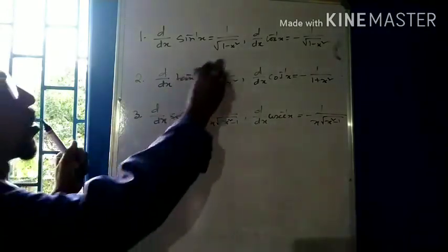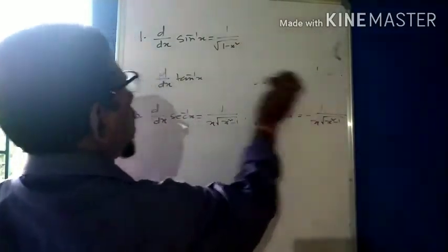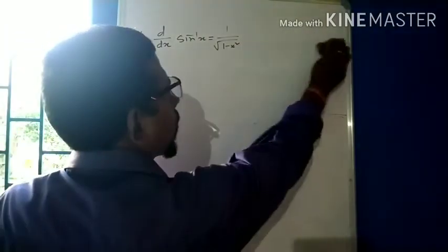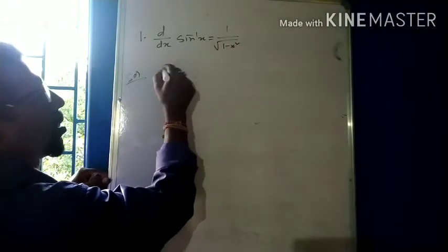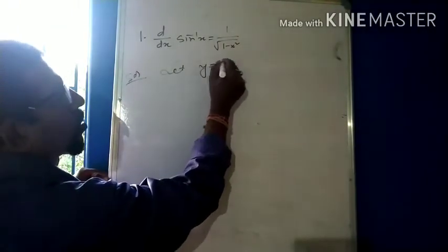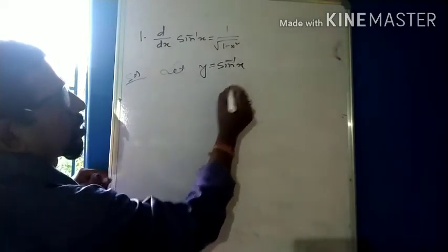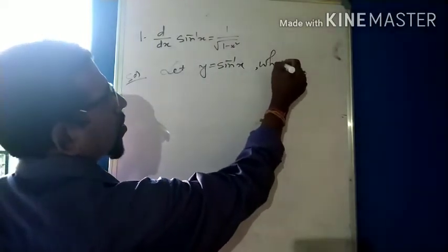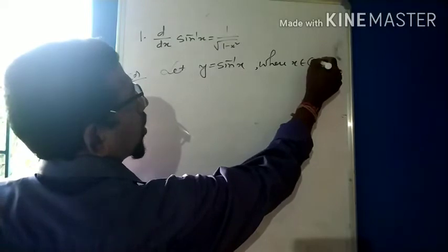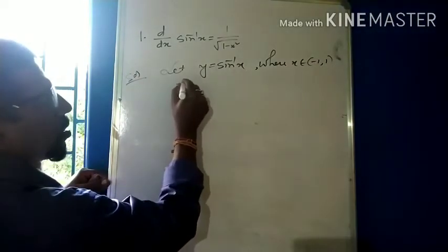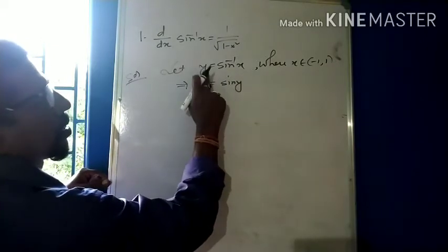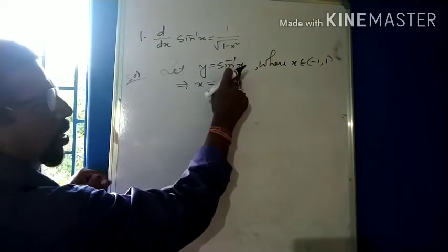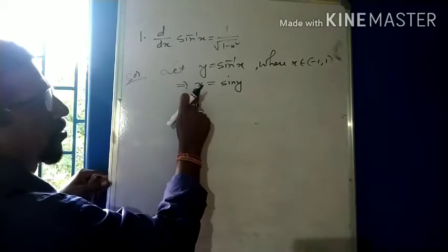Now we are going to prove one of these formulas, how to prove differentiation of sin inverse x. Very simple. Let y equal to sin inverse x, where x belongs to the open interval minus 1 to 1. So what will be x here? x equal to sin y, by the definition of inverse functions.